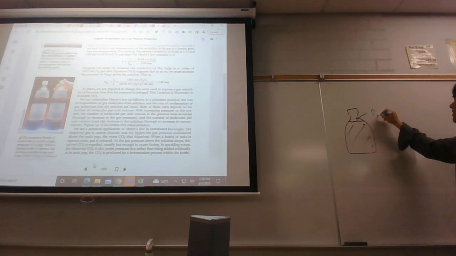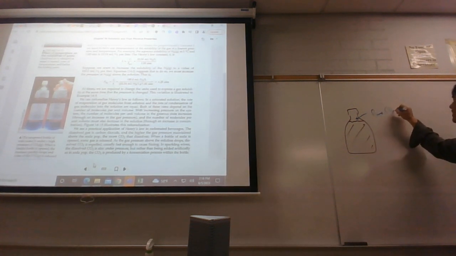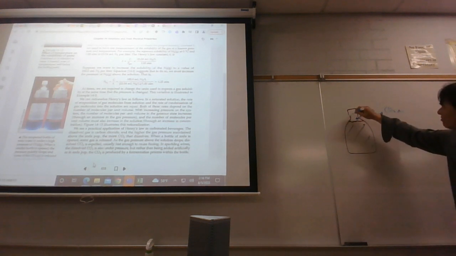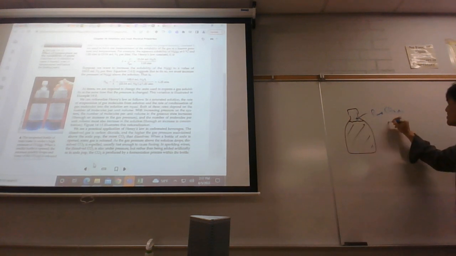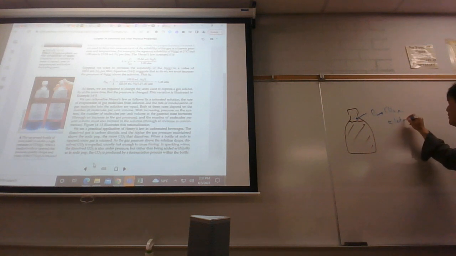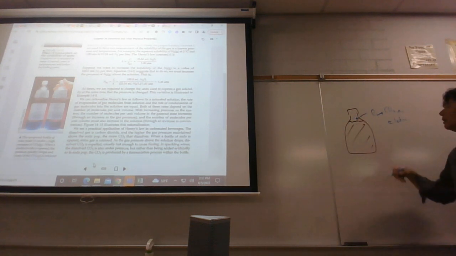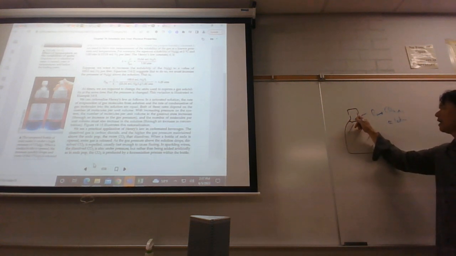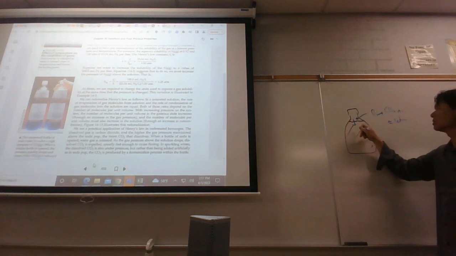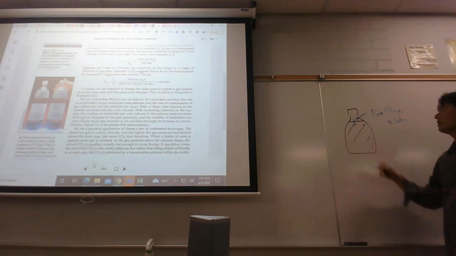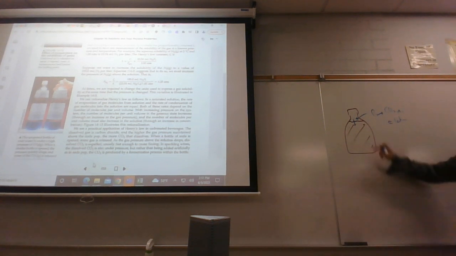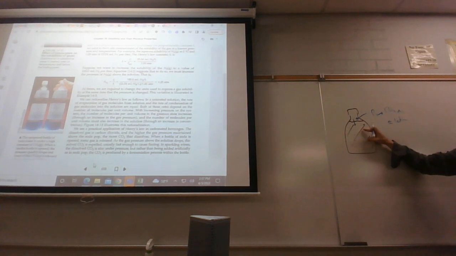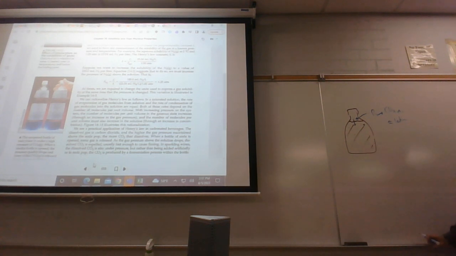Yeah, this is pure CO2 gas. And the pressure is going to be about 1 atmosphere. So we have about 1 atmosphere of CO2. What Henry's law says is that having the gas pressure here is going to force CO2 molecules into the liquid. Basically, the more pressure, the more CO2 is going to be driven into solution.